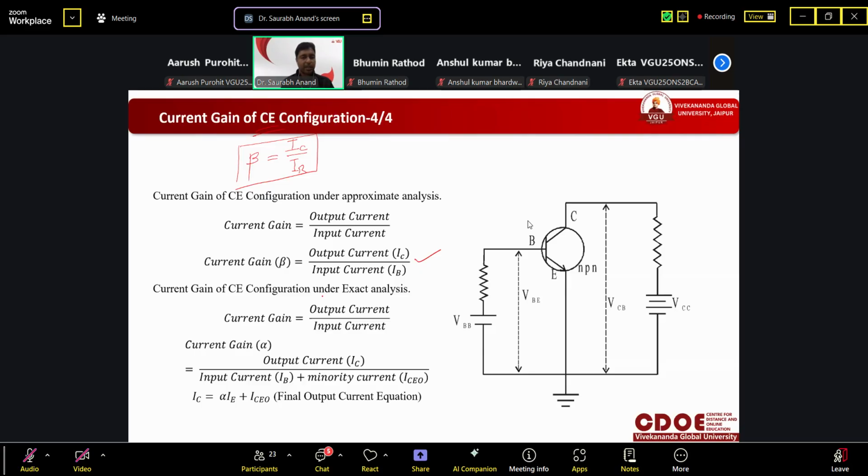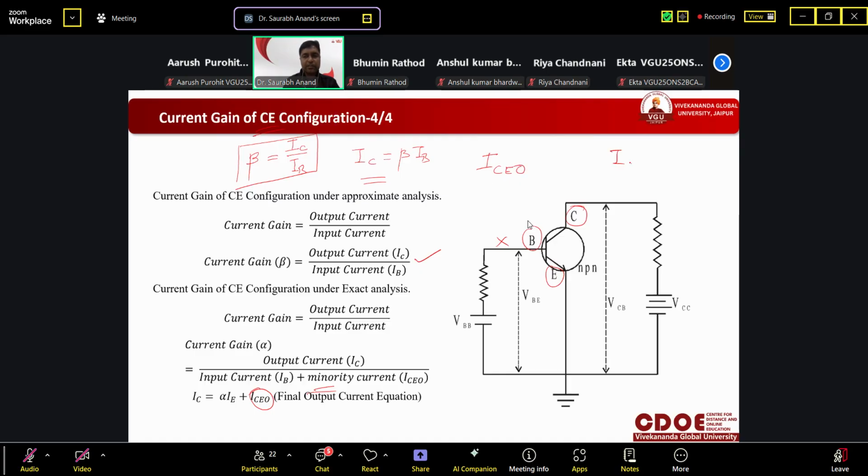Now again the same thing here, IC will be equal to beta IB. You can write here. But in this case, this is different because this is C, this is E. So this is between C and E, but the base terminal should be open, so it will be ICEO.